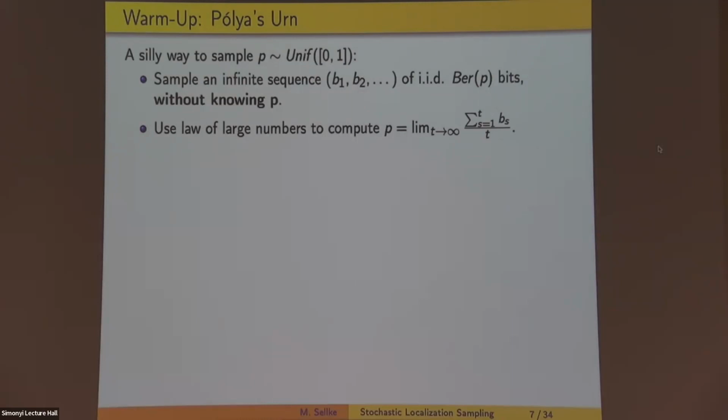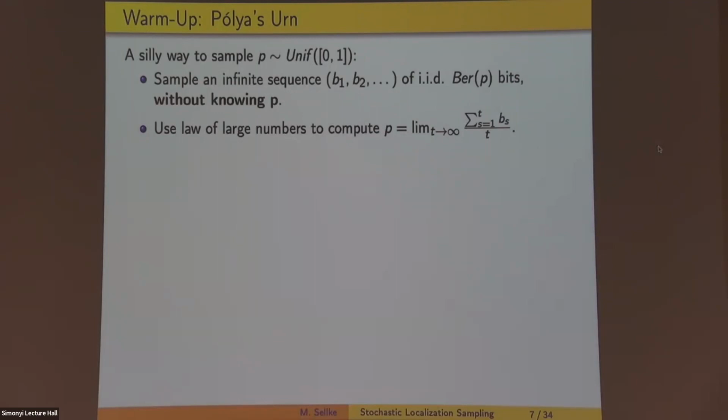I'm not quite sure whether we're looking at a superposition of different distributions. I guess it's like there's an adversary, and they sample P at random, and they sample this infinite sequence of Bernoulli P, and somehow you have to retrieve this P. You can do this just by the law of large numbers.